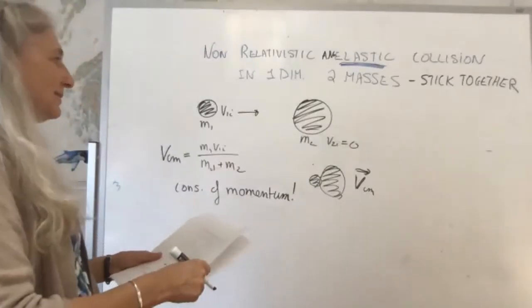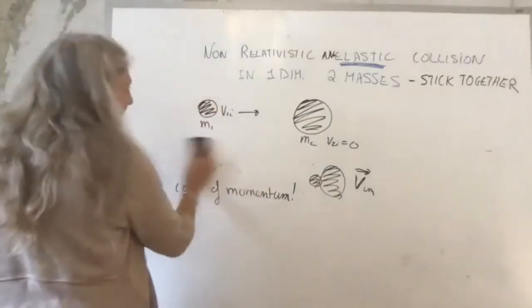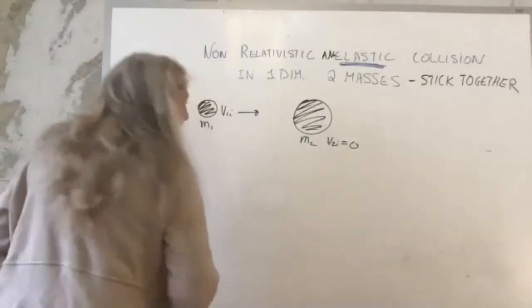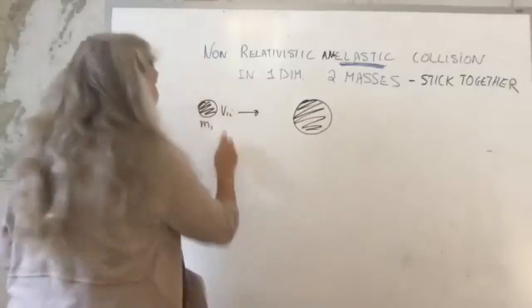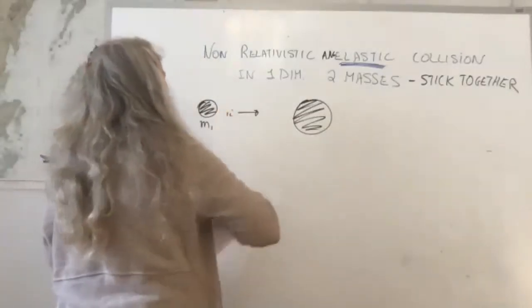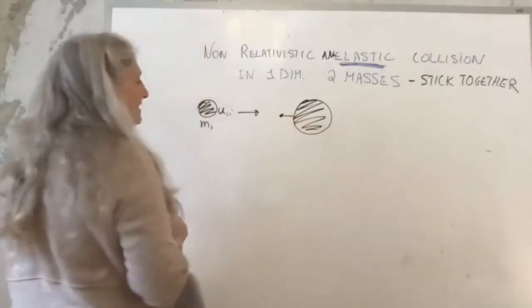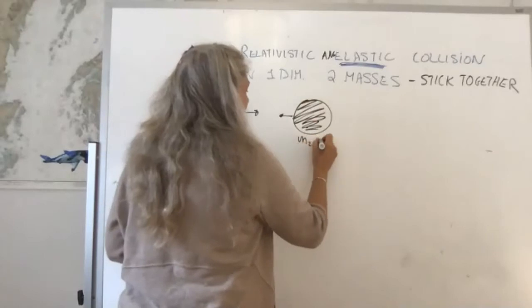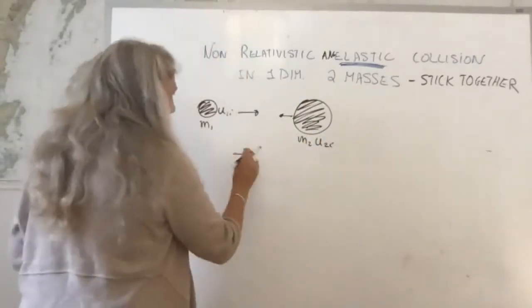So that's what the problem looks like. What does this problem look like in the center mass frame? In the center mass frame, we have U1I, and this one is not as fast because I've drawn him as if he's more massive, U2I. And then they're sticking.